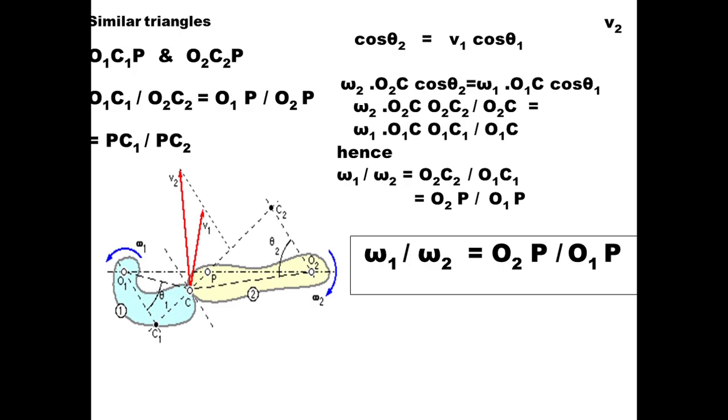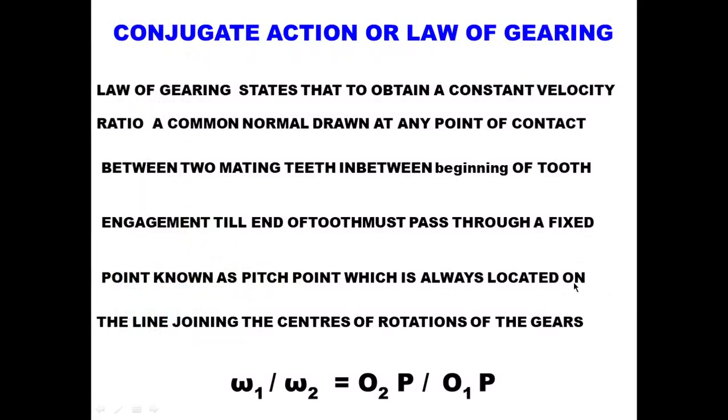We have drawn two similar triangles across the tangents, and we come to the conclusion that omega 1 by omega 2 is equal to O2P by O1P.